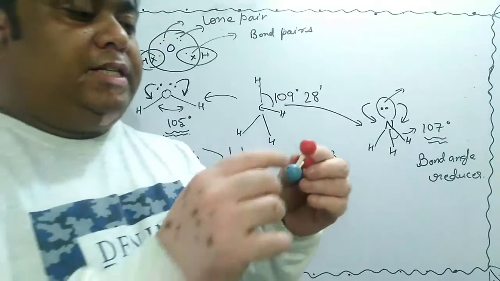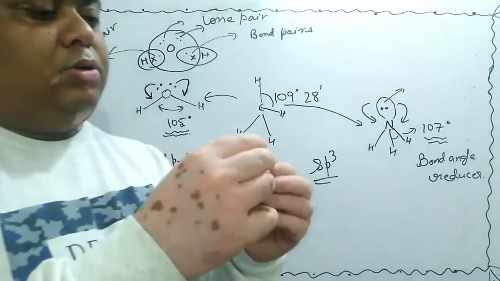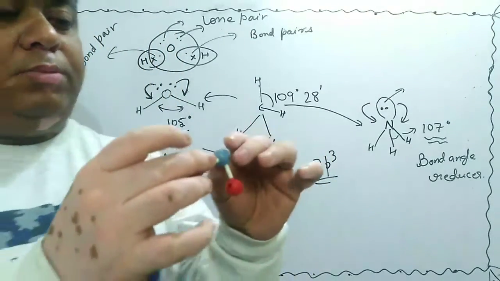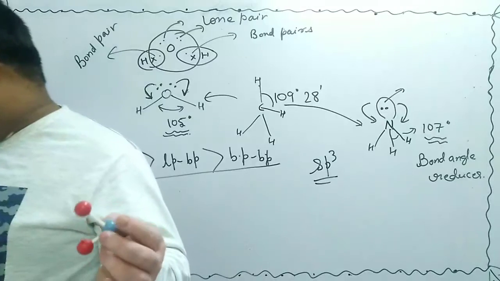There is no hole on the opposite side. Okay, let me find some molecule in which opposite sides have holes.